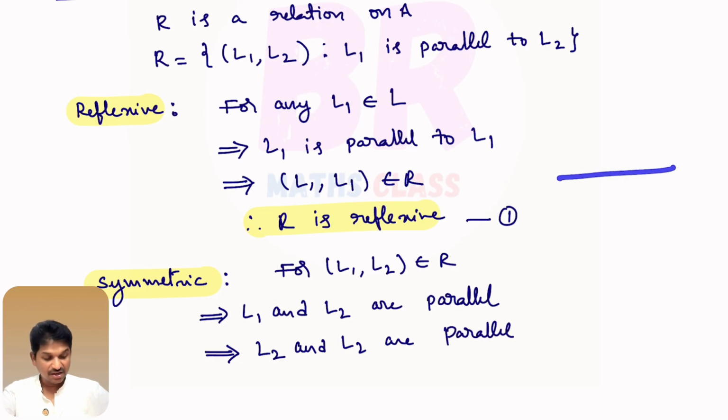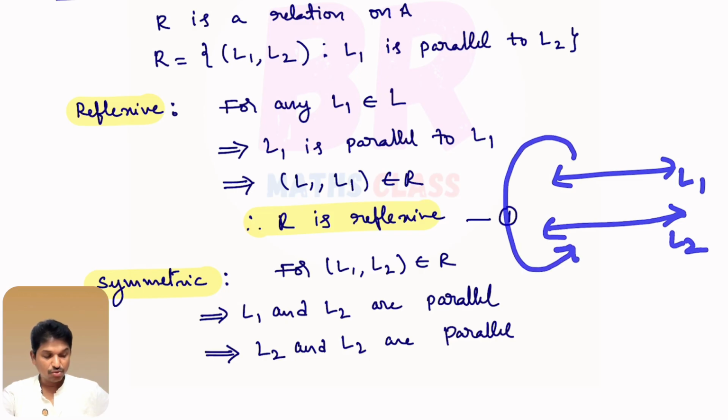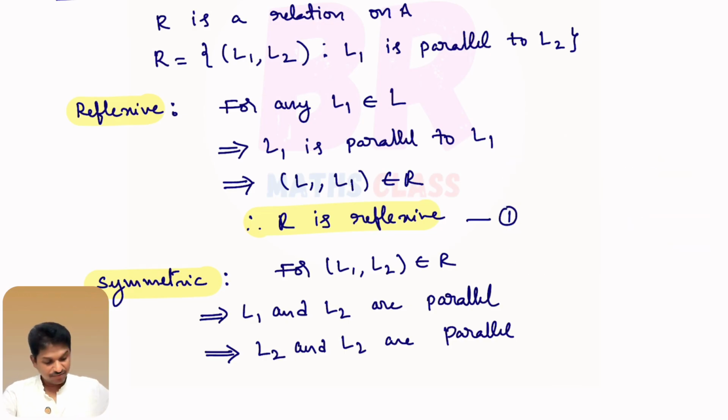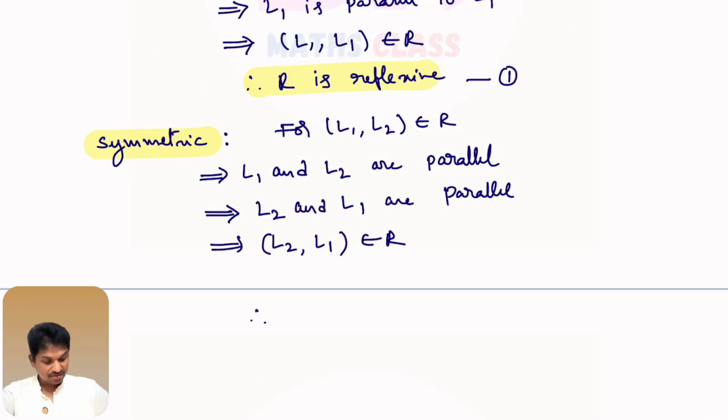See, this is the line L1, parallel to line L2. If L1 is parallel to L2, L2 is also parallel to L1. There is no need of much discussion, right? From this, I can write (L2, L1) belongs to R. This tells you that this relation is symmetric. Name it equation number 2.